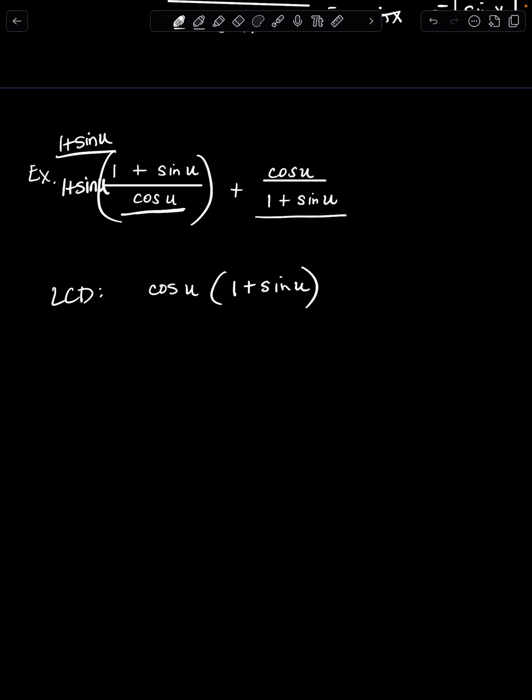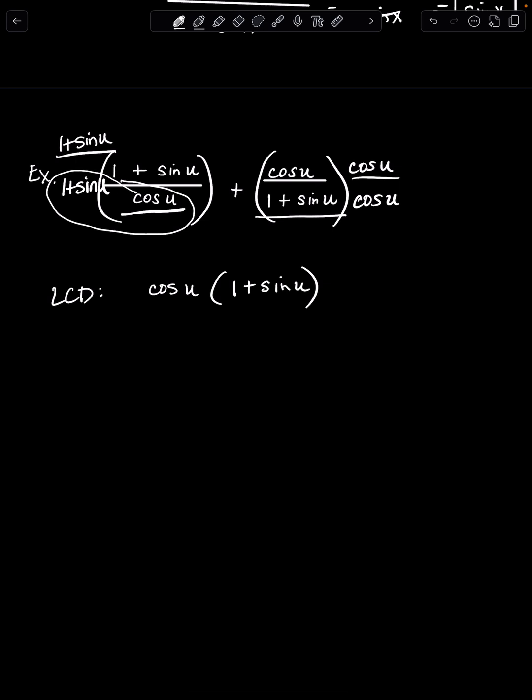Because that gives me my common denominator here on the bottom. That's what I needed. And really that's multiplying by 1, because anything over itself is 1. So I'm going to multiply that first fraction by 1 plus the sine of u. The second fraction, what am I missing? I'm missing that cosine of u. So I'm going to multiply the top and the bottom by the cosine of u.